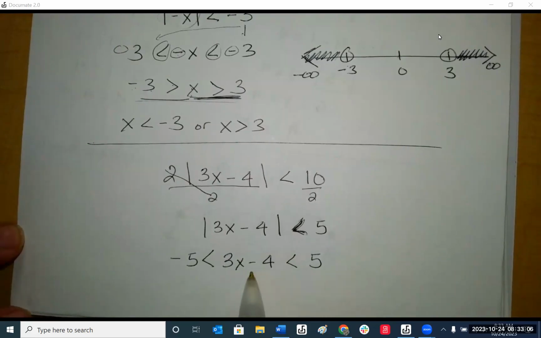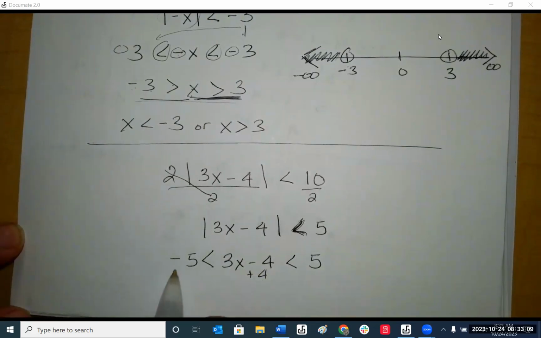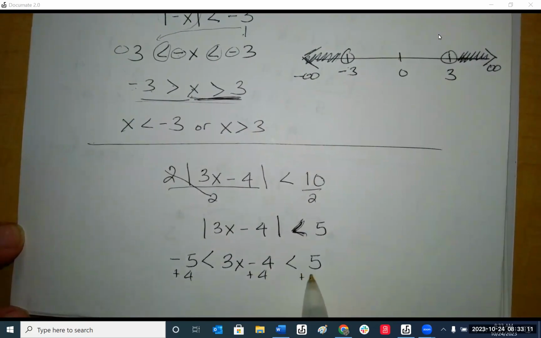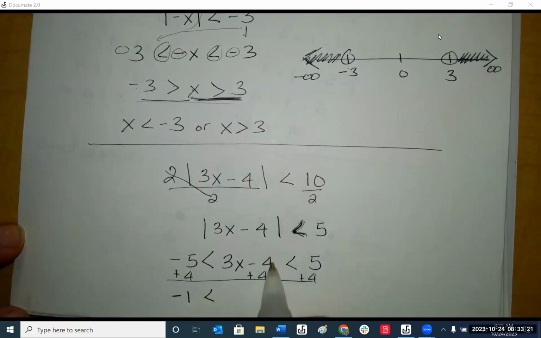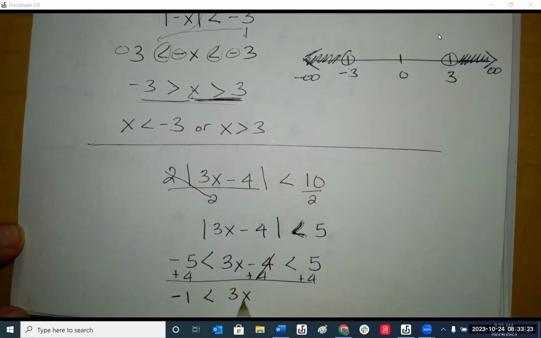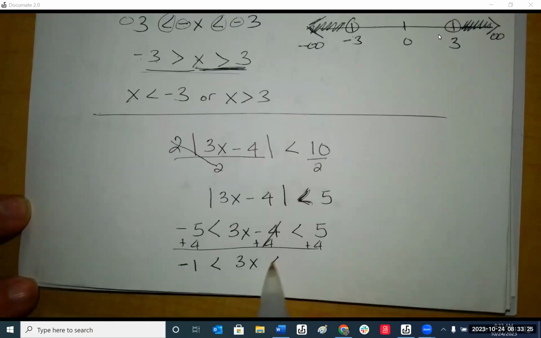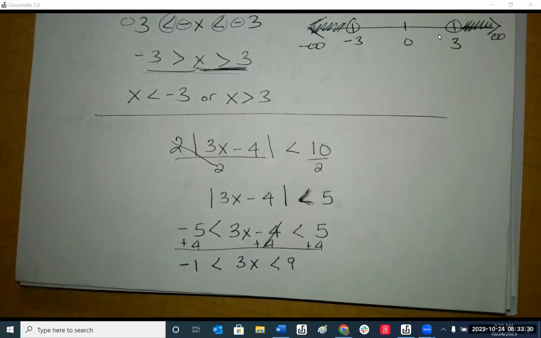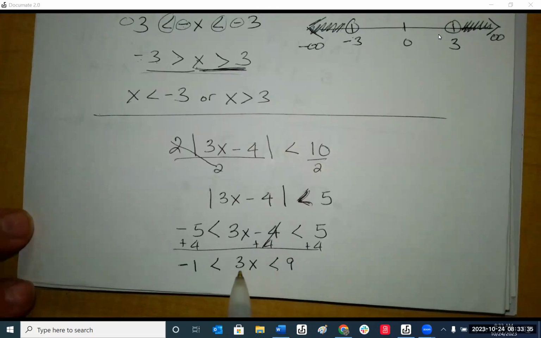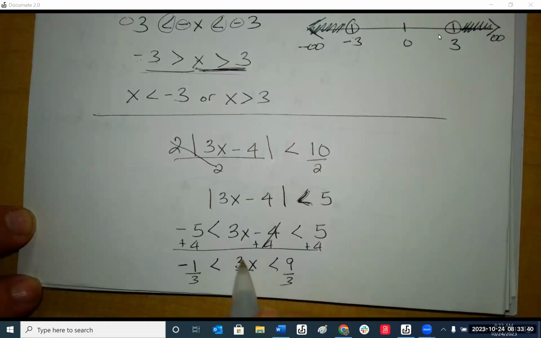Now we solve for x. Add 4. -5 plus 4 is -1. 3x. 5 plus 4 is 9. And the last step is get the x by itself. Divide everybody by 3.